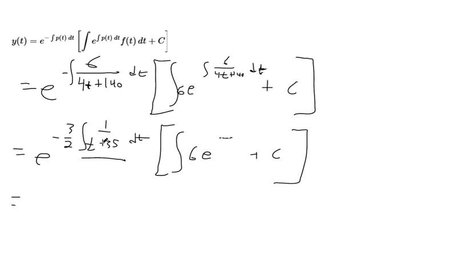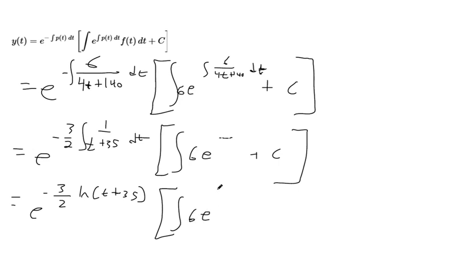Okay, so this is like 1 over u. The integral of 1 over u would be natural log, right? So this is e to the power of negative 3 halves times natural log of t plus 35, times the integral of 6 times e to the positive 3 halves, because it's the same integral in the exponent, just different signs.